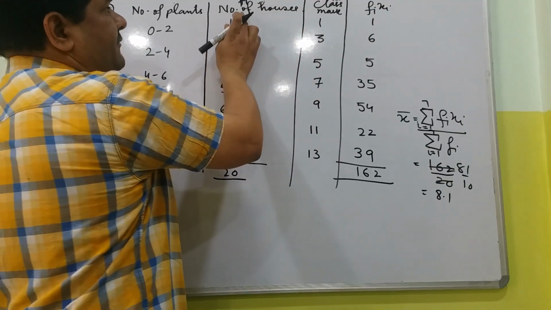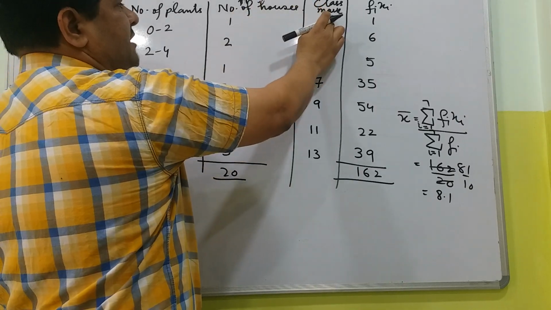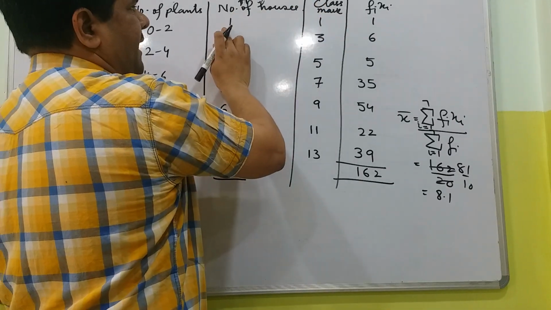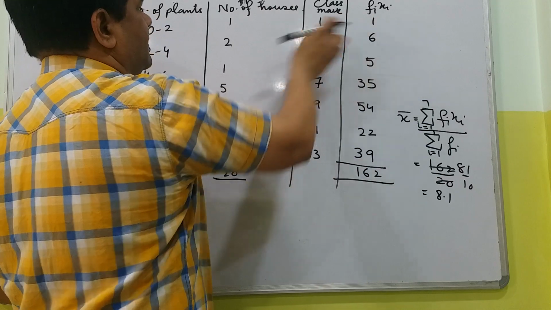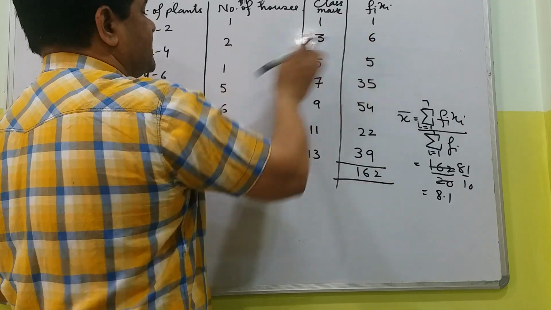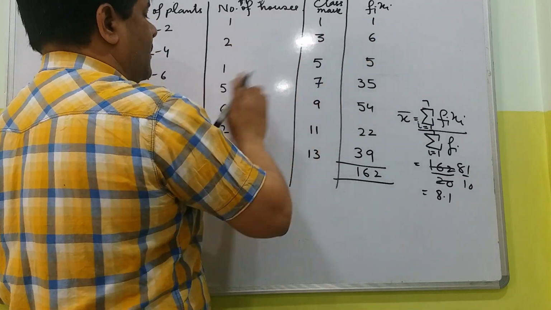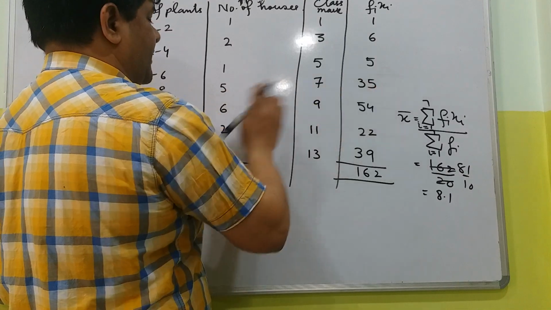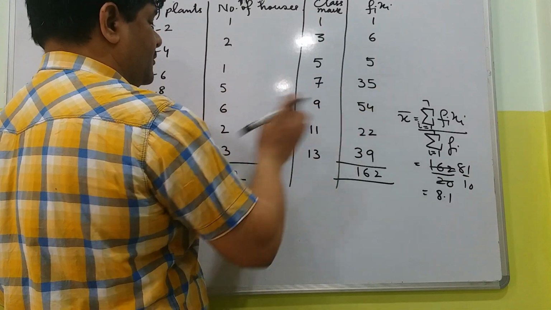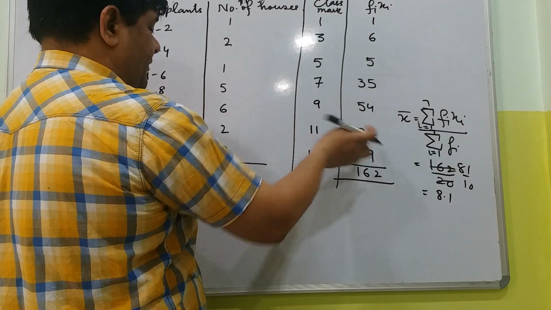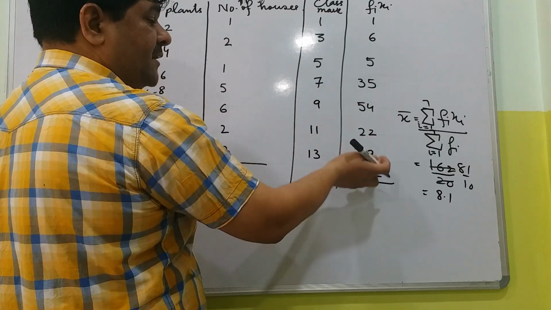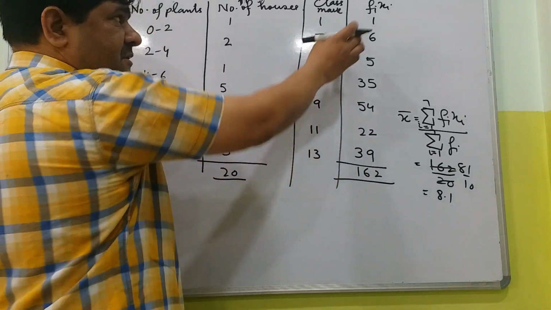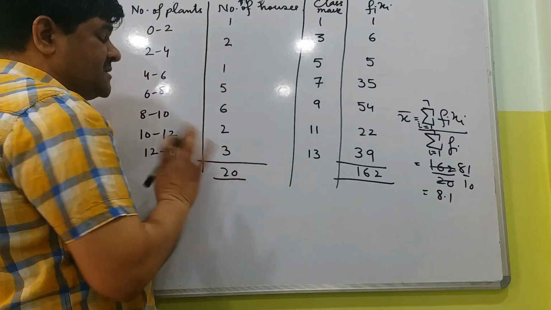Now you label the frequency as Fi and the class mark as Xi. So you multiply Fi Xi: 1 into 1, 1; 2 into 3, 6; 1 into 5, 5; 5 into 7, 35; 6 into 9, 54; 11 into 2, 22; 13 into 3, 39. 162 is the total. The total of the frequency is 20.